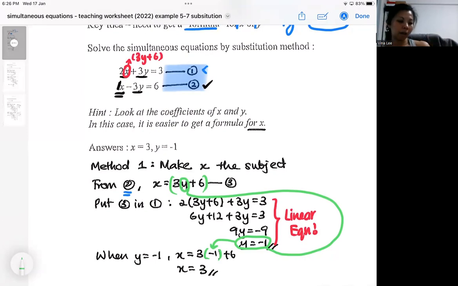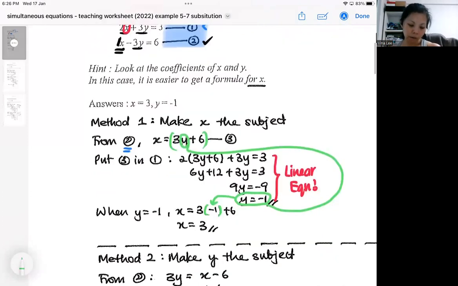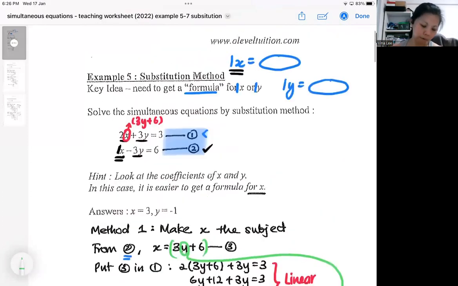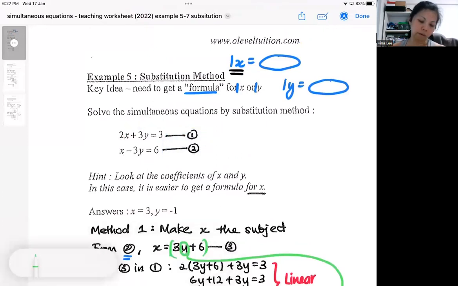But let's say you never realize that, and you would like to have a formula for y. That's also possible. So how do you get a formula for y? You can get a formula for y from equation 1 or equation 2, but I'm going to use equation 2.